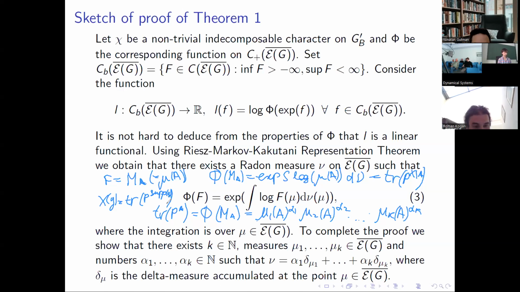So this proves the first part of theorem 1. The second and third part are also a bit technical. I will not show it here, but to give you an idea of the proof.